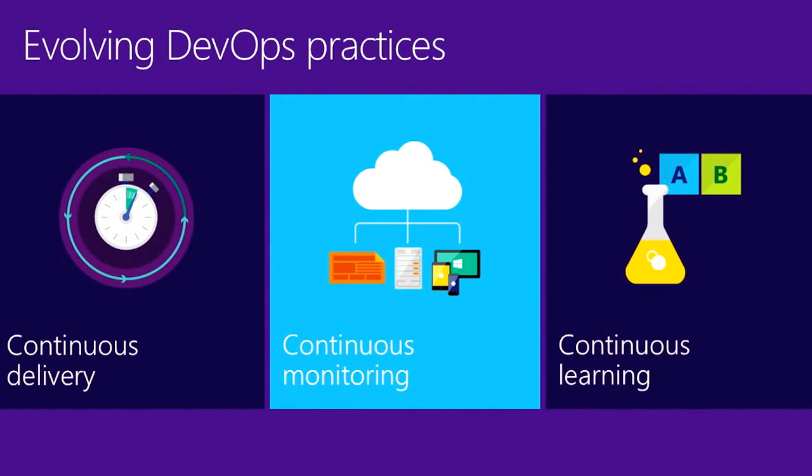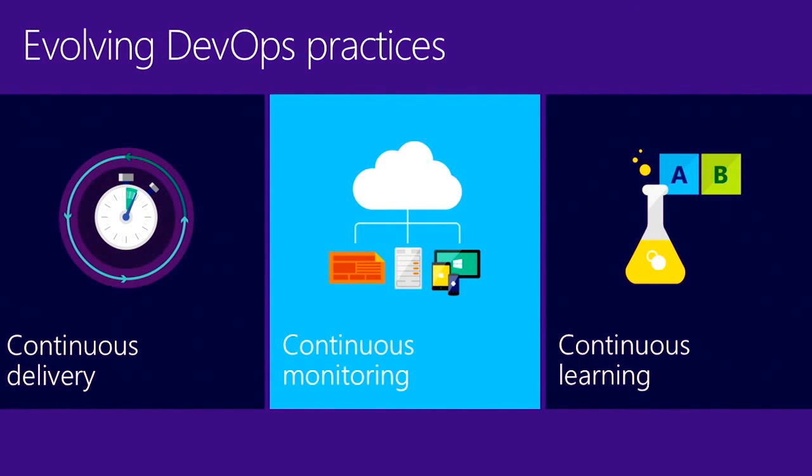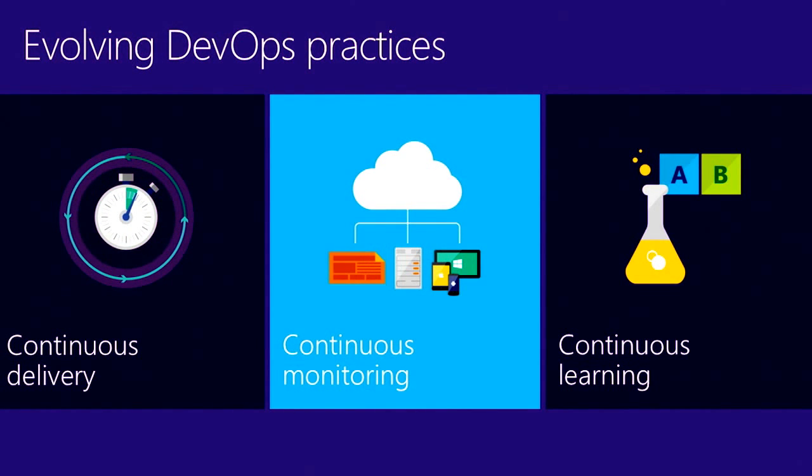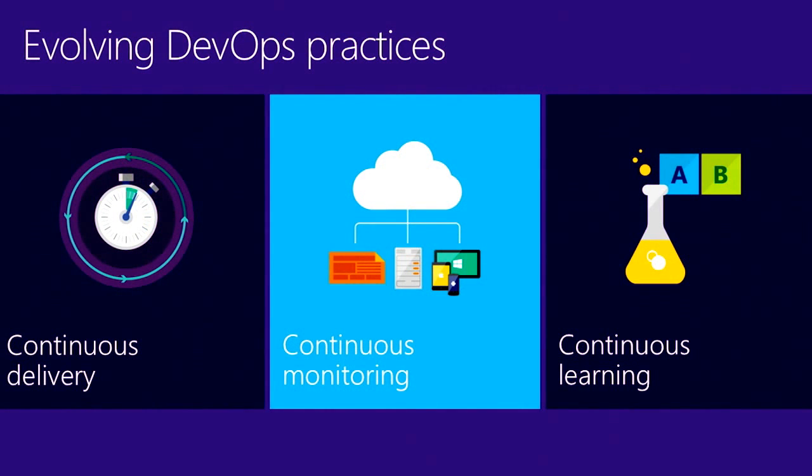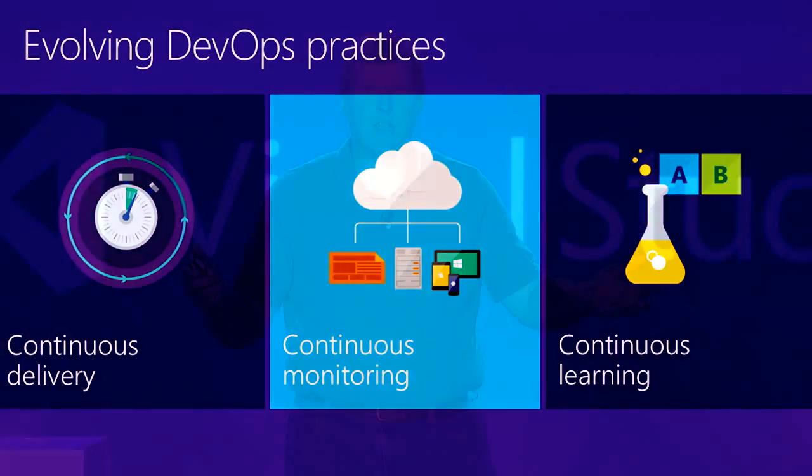Continuous delivery, that is the process of delivering software constantly, regularly, whether it's every check-in or every week or every month, this process of delivering software in smaller chunks and more rapidly to our customers. Continuous monitoring: if I'm going to be delivering this stuff very fast to my customer, I've got to be able to monitor it. I've got to understand what's happening in my production environment and be able to respond quickly.